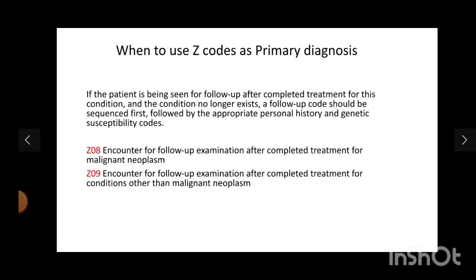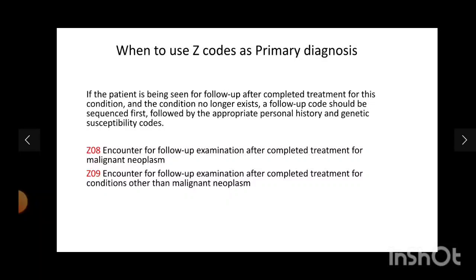Z08 is used for follow-up examination after completing the treatment of a malignant neoplasm, and other than neoplasm we have to use Z09. So these are actually primary codes, and should be used as first listed diagnosis.